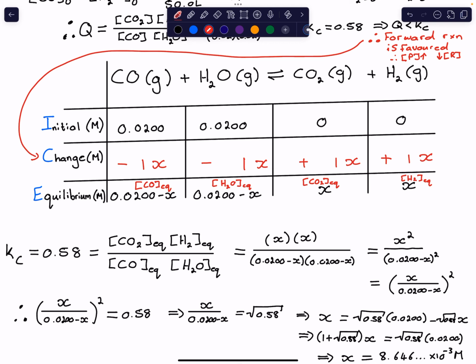Alright, one important thing that I just glossed over is why can't we make the approximation here? Why can't we say here that 0.0200 minus x is just 0.0200?